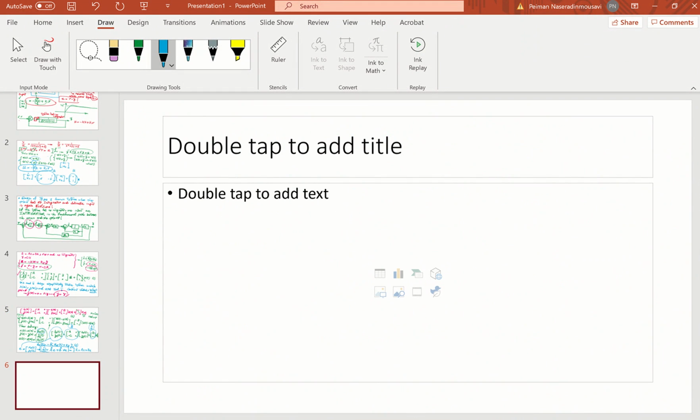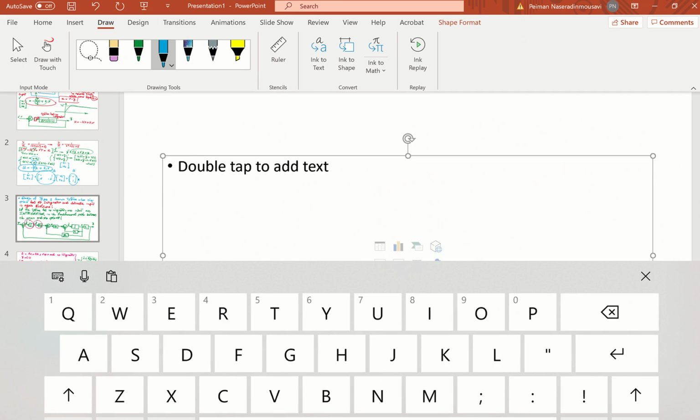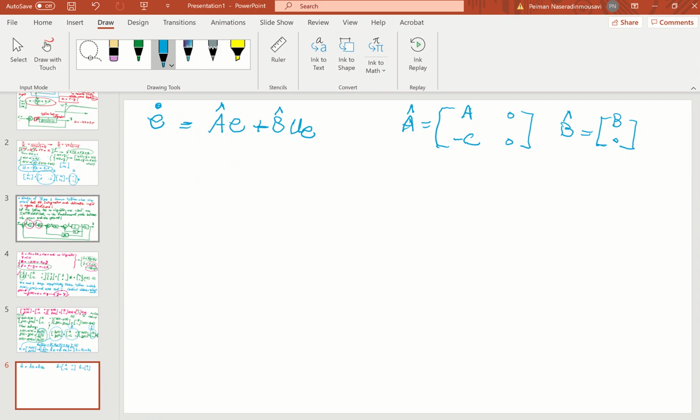I'm not done yet. First you have to do the mathematics. So after many formulations we ended up with e dot is equal to A hat e plus B hat u e. We know that A hat is the original A of the system, 0, minus C, 0, and B hat is the original B of the system and this.